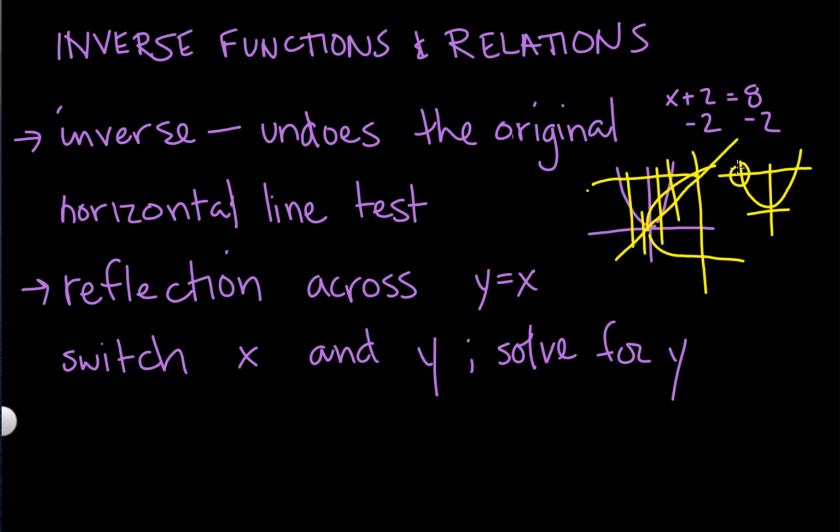It crosses this graph two places. What that means is when we flip this over, the inverse is not going to be a function. So the horizontal line test tells you whether the inverse, notated by this f to the -1, read the inverse of f, is a function or not.